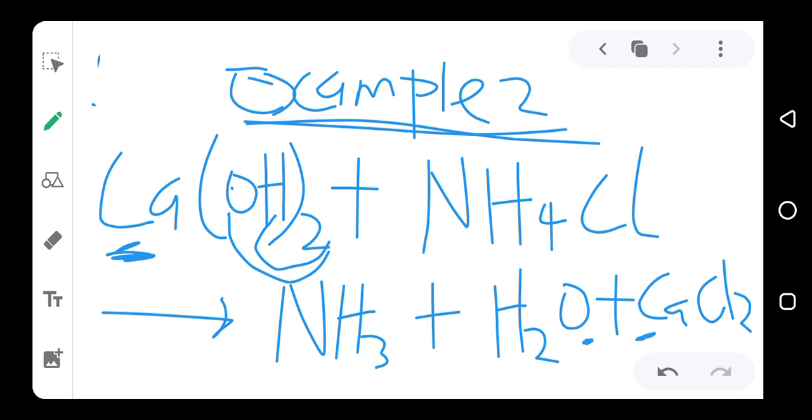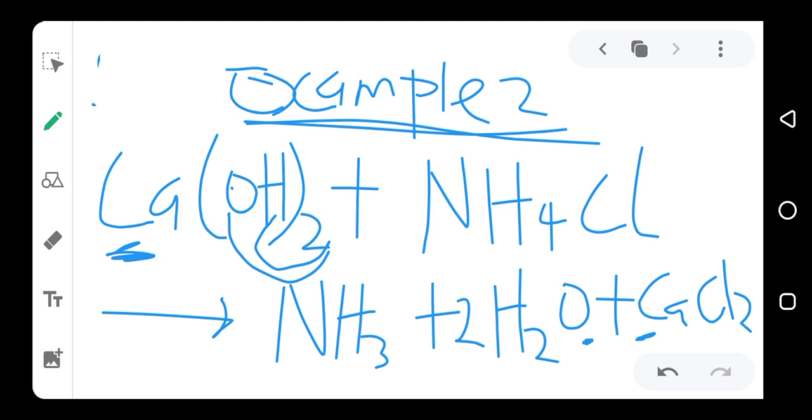Now what we can do to balance the oxygen is let's put 2. Let's assume that we have two here. That is 2 atoms of 2 water molecules.